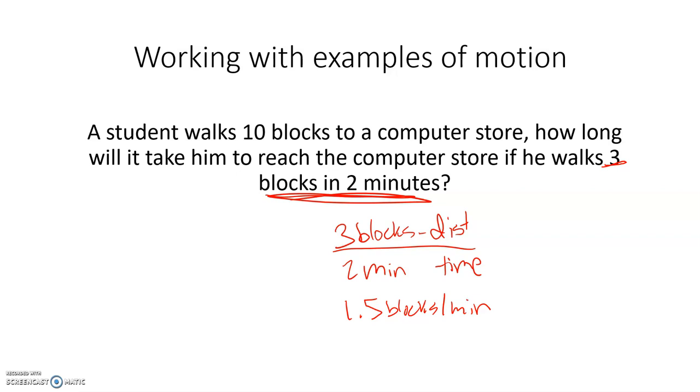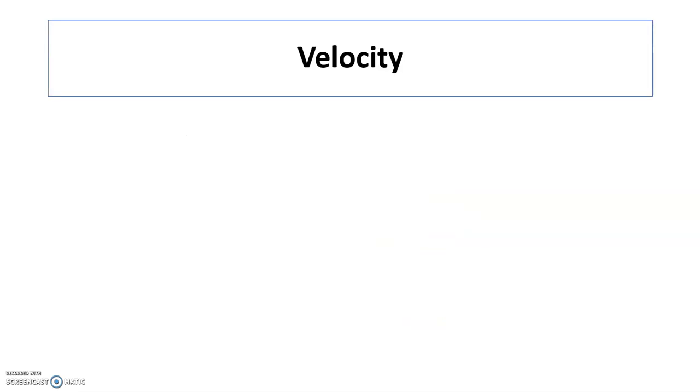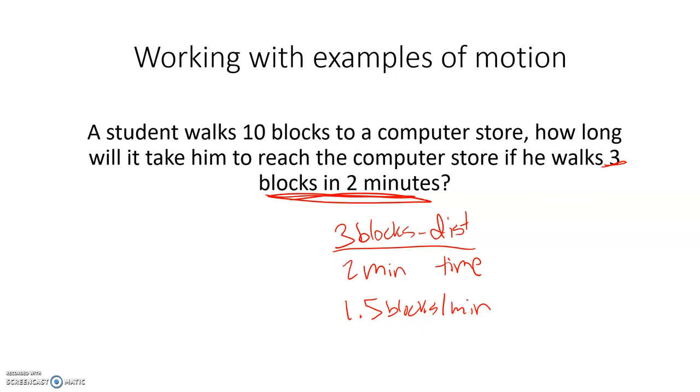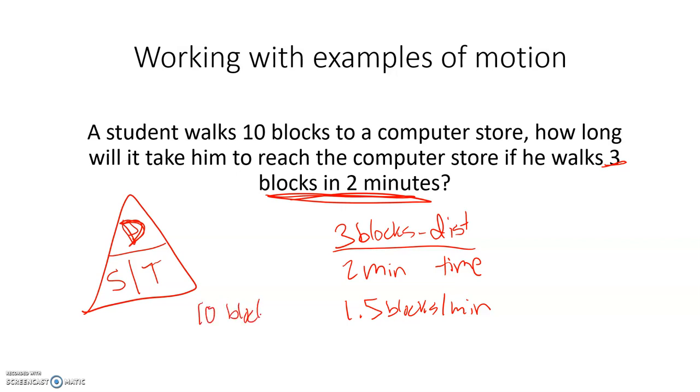So if we go back and look at our triangle, distance, speed, time, I'll put that up here. We have the speed at 1.5 blocks per minute, and we have the distance. So we take 10 blocks, that's our distance, divided by the speed, which is 1.5 blocks per minute.